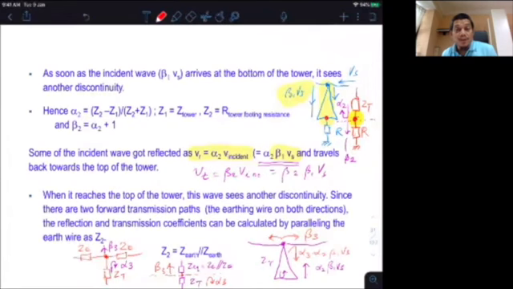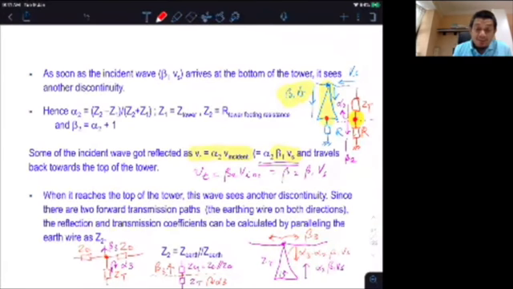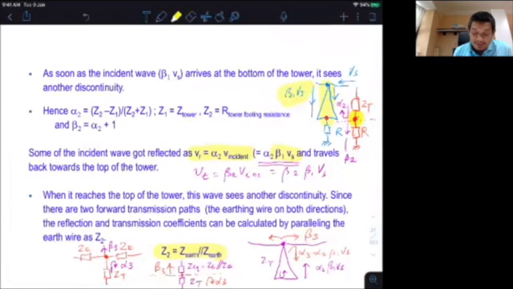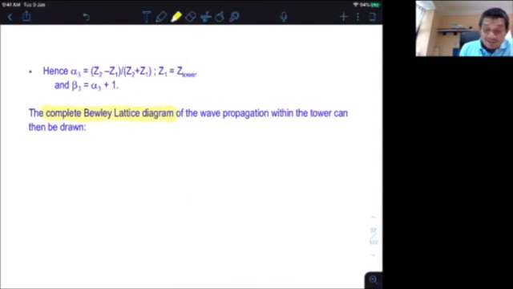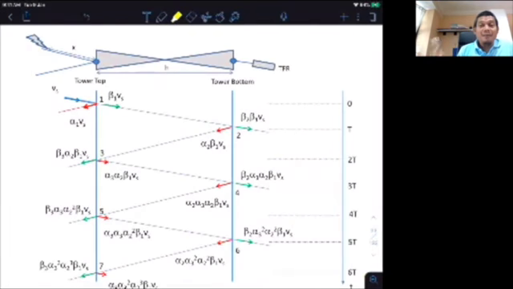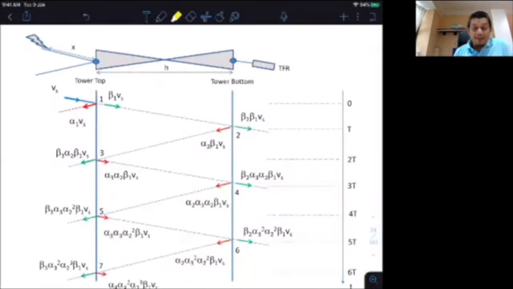Okay? So Z2 in this case is given by this formula. Z1 is actually Z tower. Alright? Any question? This is the formula for alpha 3 and beta 3. Finally, we can actually complete the Bewley lattice diagram. Okay, like this. Let me go through the Bewley lattice diagram.